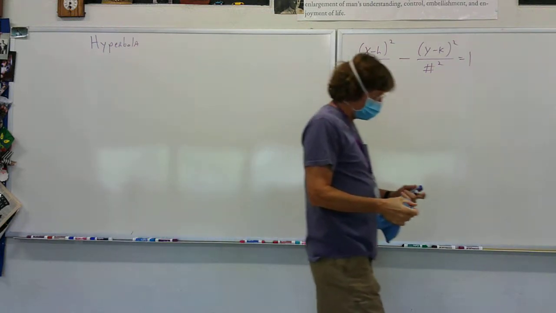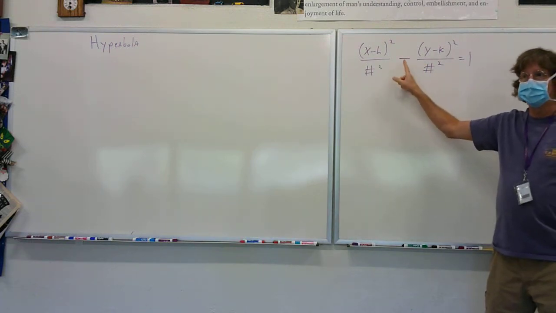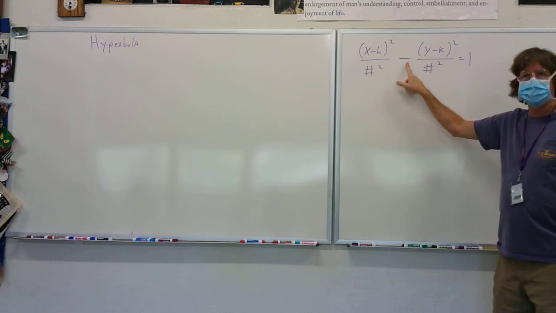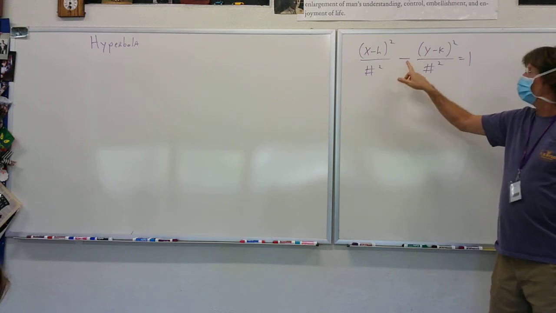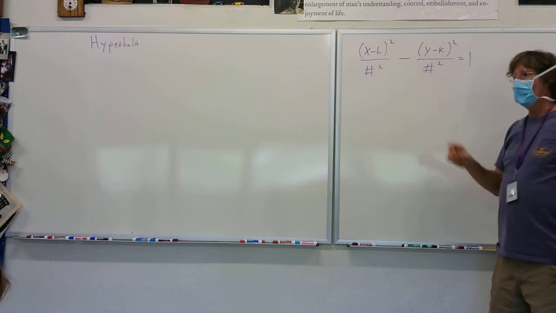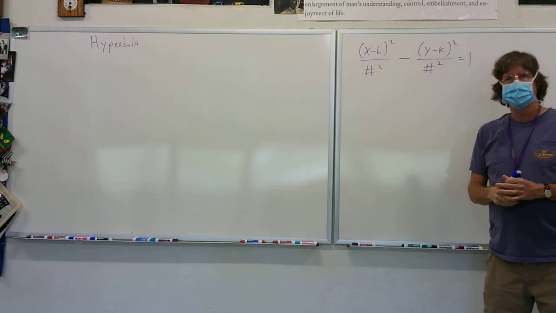When you look at the hyperbola formula, the easy way to tell it's not an ellipse and it's a hyperbola is that there's a minus sign. Notice how I kept talking about ellipses and circles and I kept stressing the plus sign? Well, now there's a minus sign there. That makes the hyperbola. But there is a problem with having a minus sign.